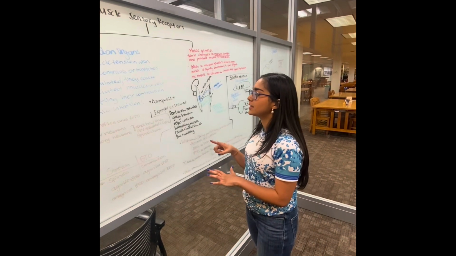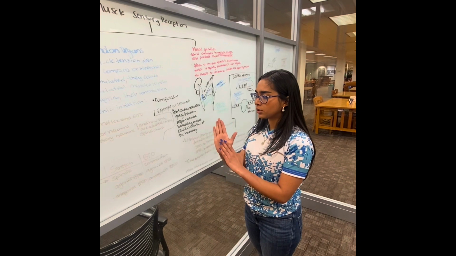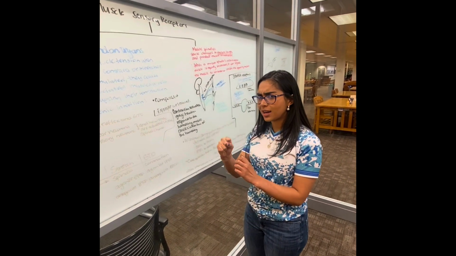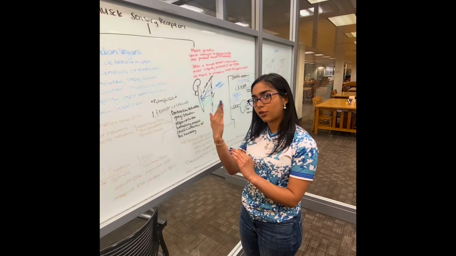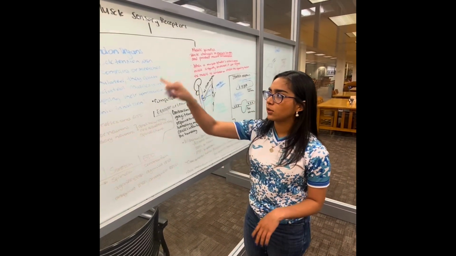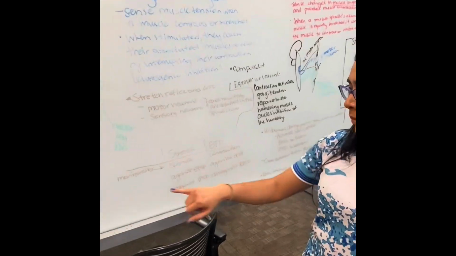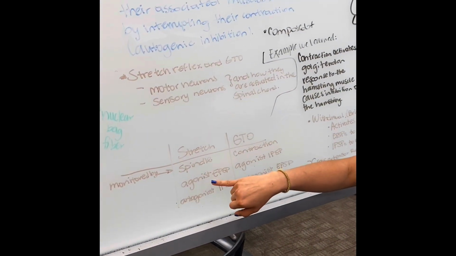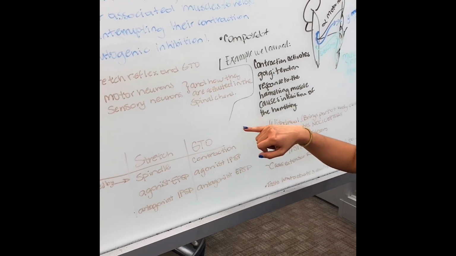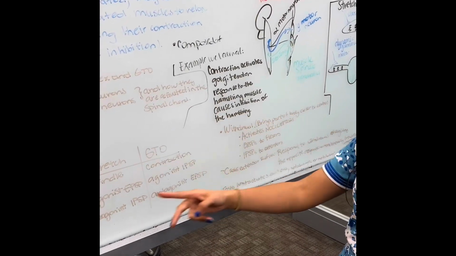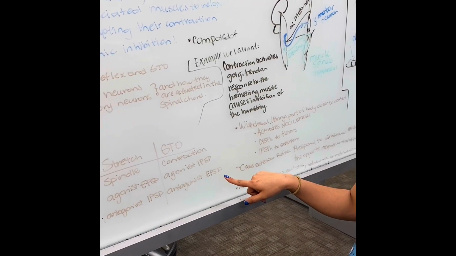A good example of this is that if you are laying down and put your legs up and you contract a lot, then you can stretch a little bit more, and then you contract more and you stretch farther and farther, and that's because of the Golgi tendon organs. The stretch is monitored by the spindle. They're agonists of EPSP and antagonists of IPSP. The Golgi tendon organs are for contraction, and they're exactly the opposite as the stretch ones. They're agonists for IPSP and antagonists for EPSP.